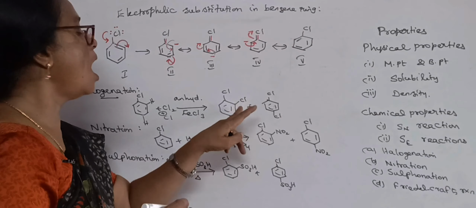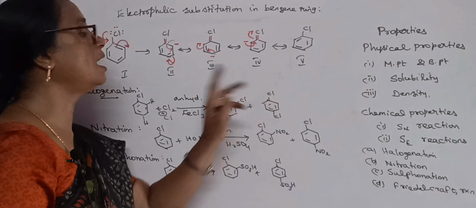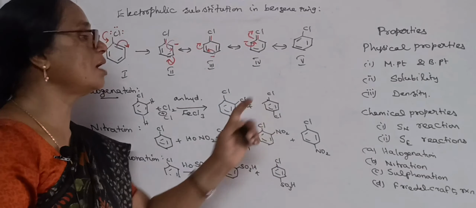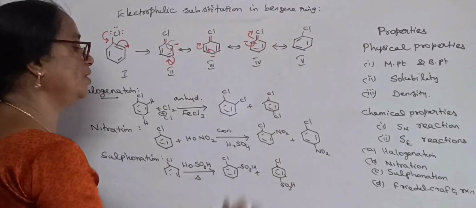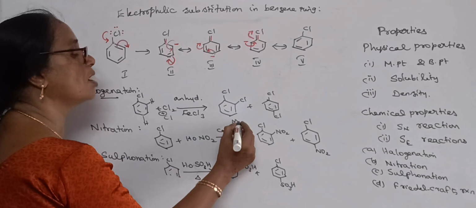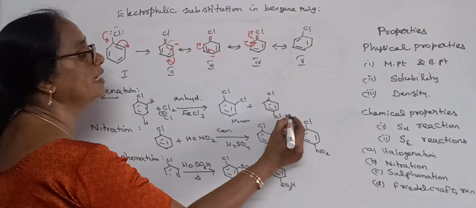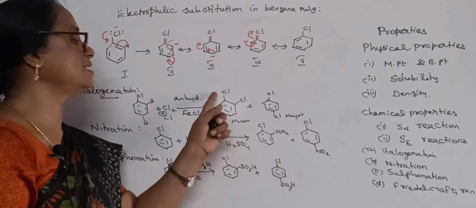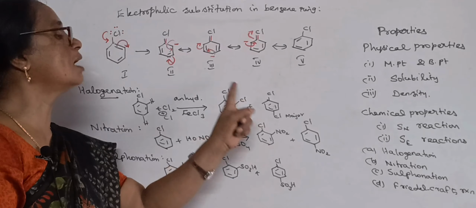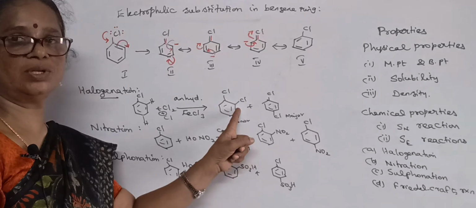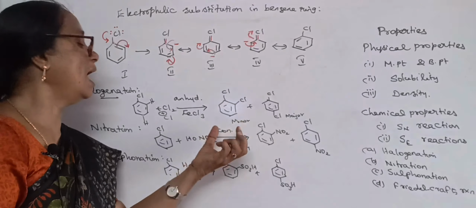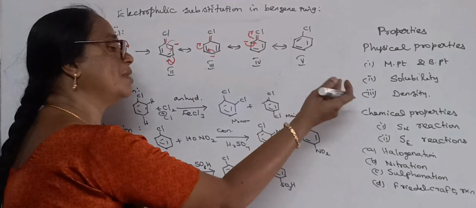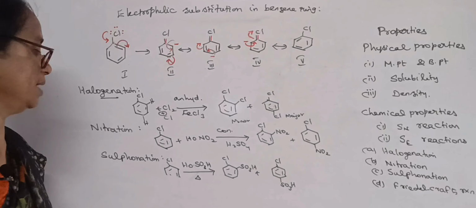So we get ortho-dichlorobenzene and para-dichlorobenzene, or 1,2-dichlorobenzene and 1,4-dichlorobenzene, in which the ortho isomer is always the minor product and the para isomer becomes the major product because of steric nature. Two groups which are very close to each other experience steric hindrance, and hence that product is minor. But for the para isomer the steric effect is minimum, and hence it is major.